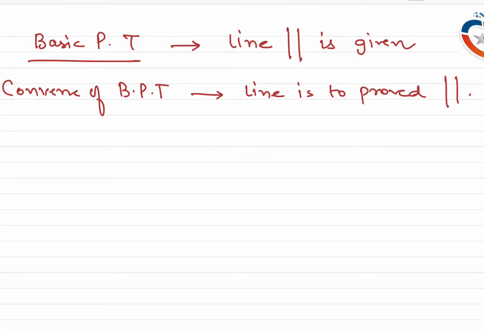So if the ratios are equal then the lines are parallel. So both the properties are to be applied as per the question, clear?